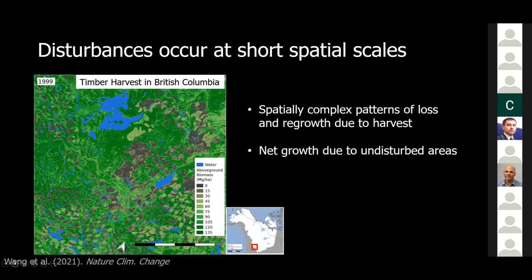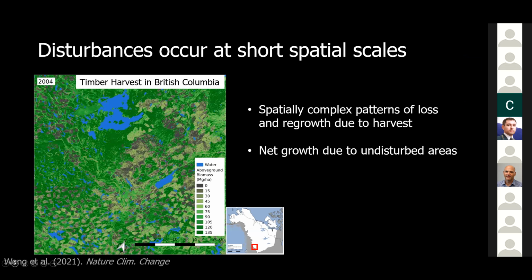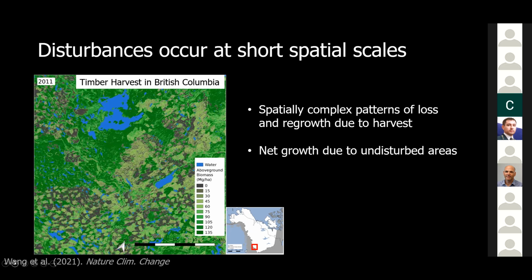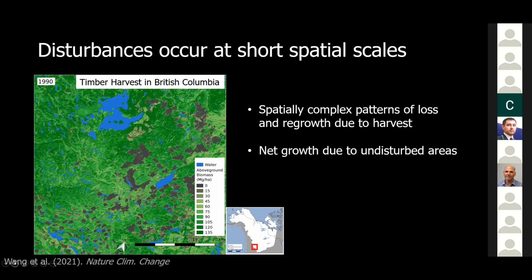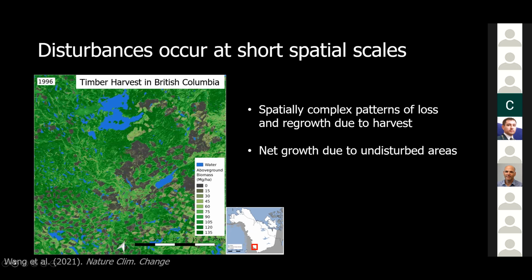And so this high resolution data is really important for delineating just when and where changes in biomass occur as a result of some of these disturbances, right? So here in this example in British Columbia, we can see these dark green areas where there's dense forests getting replaced by patches of low biomass areas as a result of harvests throughout this area.